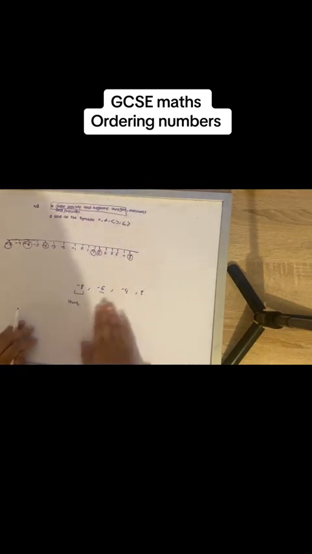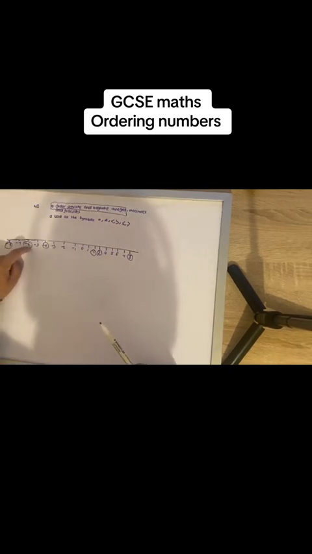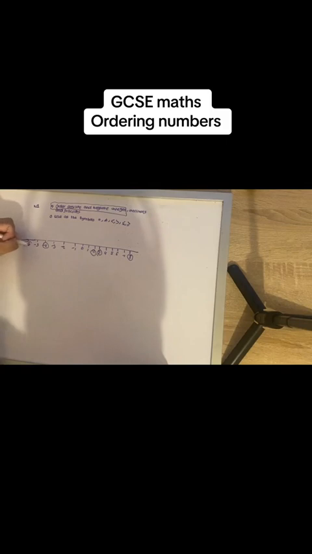So that's how it works. And sometimes it would be good to use a number line because it's just easier to tell at times. And eventually, you'll just get the hang of it.